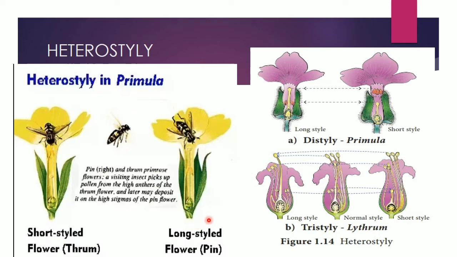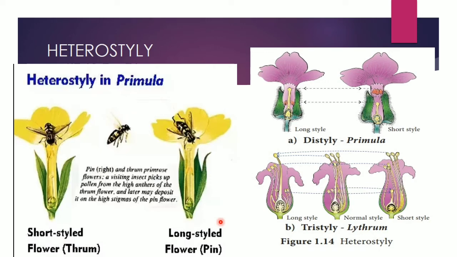That is heterostyle. Primrose as well as Primula are examples. The stigmas and anthers are placed at different levels. Heterostyle and heteroanthy, either way it is explained. This prevents the pollen grains from reaching the stigma and pollinating it.